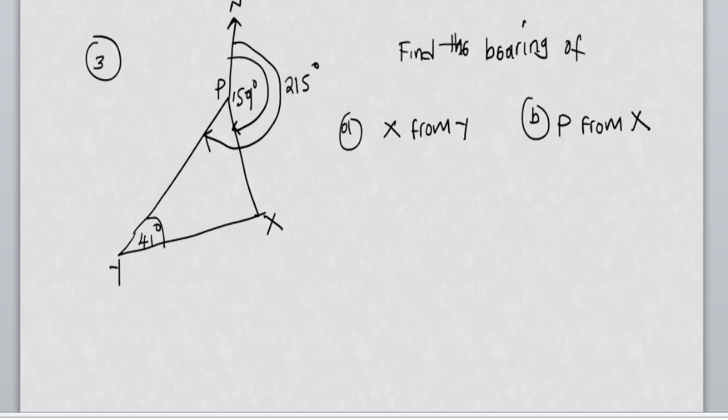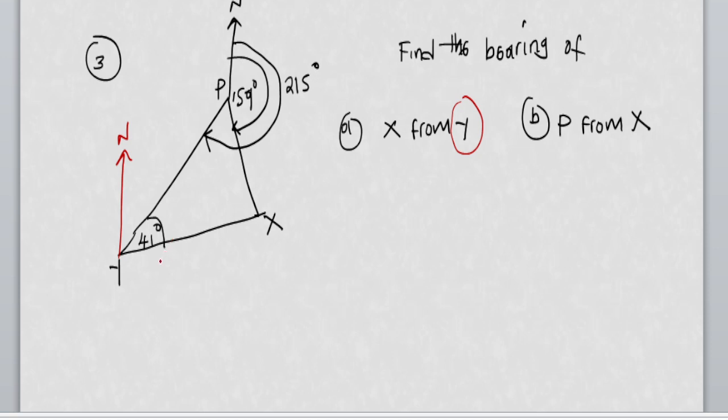Then we can proceed with the solutions. How are we going to go about it? We start with the first one, bearing of x from y. This is where our y is. Do we have a north at y? We don't. Draw a north.